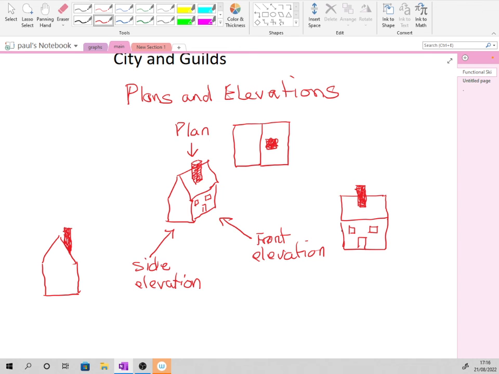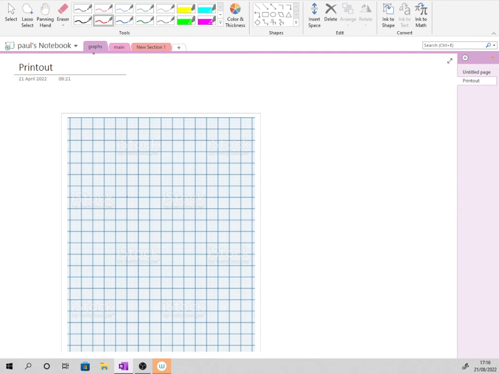Okay, so let's try and draw this on a piece of graph paper. This will all be drawn for you. You'll never have to go the other way around: draw the three dimensions given the plans and elevations.